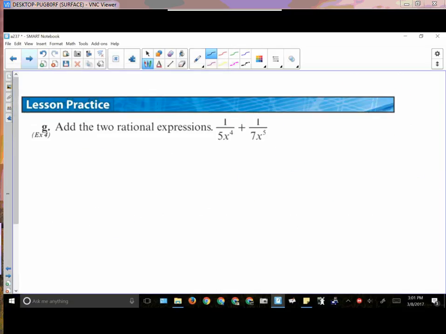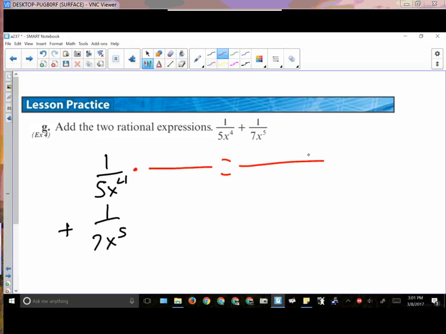All right, here we go. Now, set this up. 1 over 5x to the 4th plus 1 over 7x to the 5th. So, common denominator. I've got a 5 and a 7. What would be a good common denominator for 5 and 7? 35.